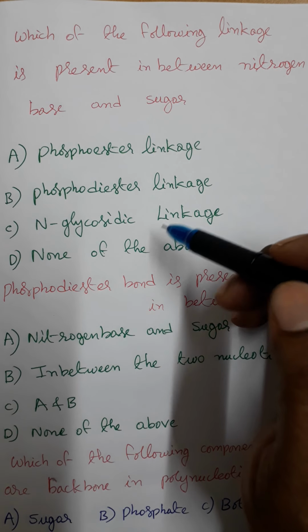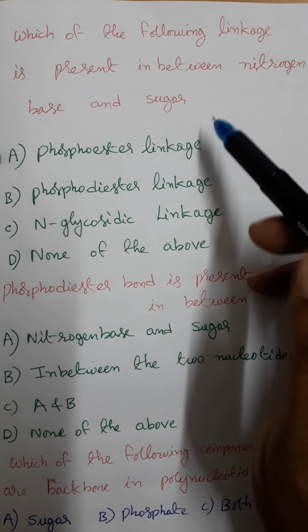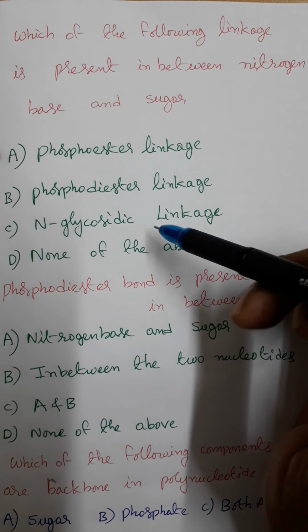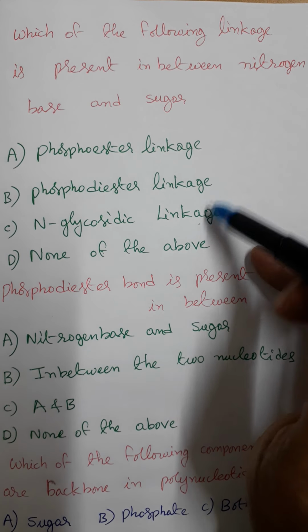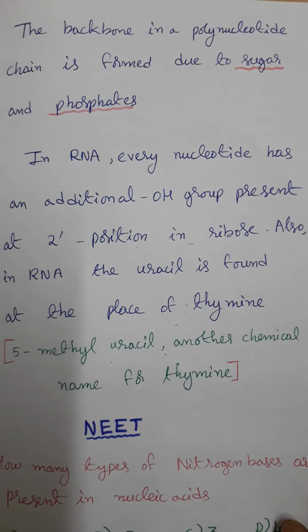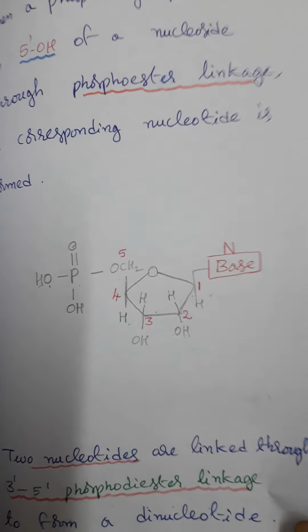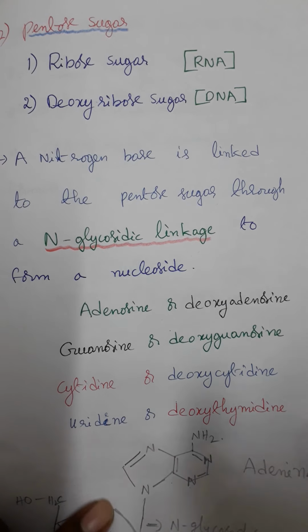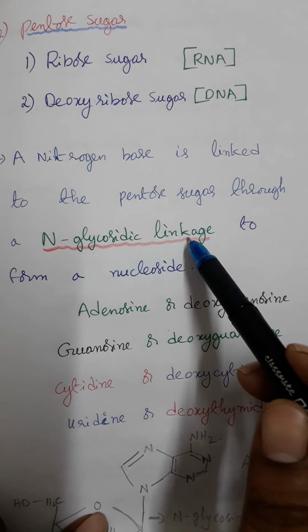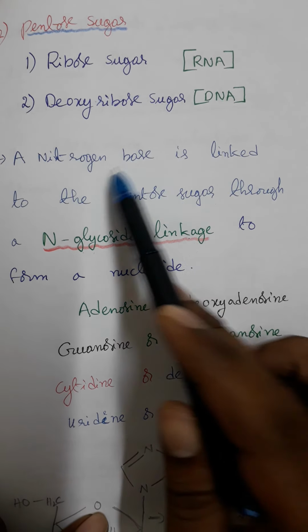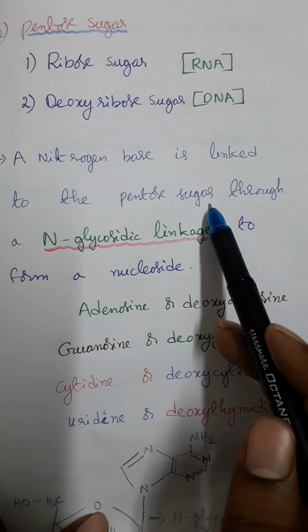Option D, none of the above. In between the nitrogen base and sugar, N-glycosidic linkage is present. See here the highlighted sentence: N-glycosidic linkage in between nitrogen base and sugar.